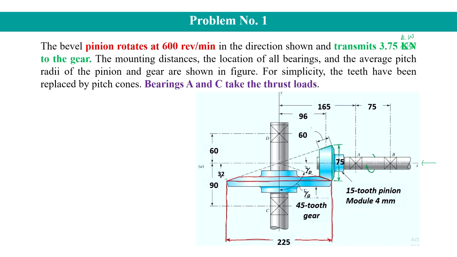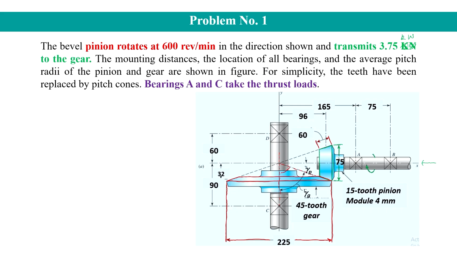The face width, this is the face width. So, face width of the gears, either pinion and gear, is given, and that is 60 mm. The pitch angle of the gear will be the angle between axis of the rotation of the gear and the pitch cone, this.